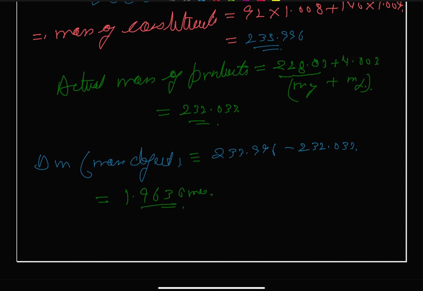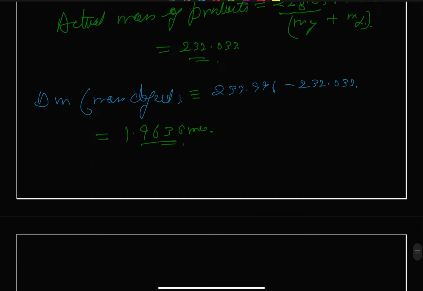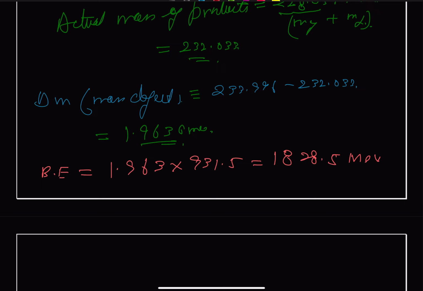Now we can find out the binding energy. So the binding energy is equal to 1.963 times 931.5, giving us 1828.5 mega electron volt.